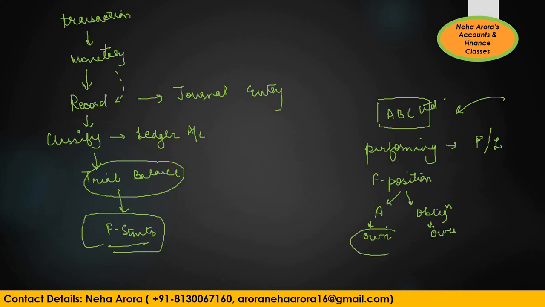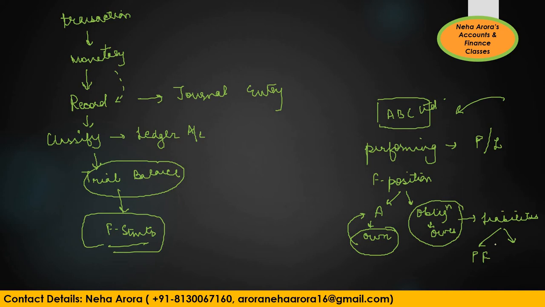The things owned by the organization are termed assets, and the obligations are known as liabilities. These can be internal liabilities, which are known as proprietors' funds, and external liabilities, which are further classified into long-term and short-term.